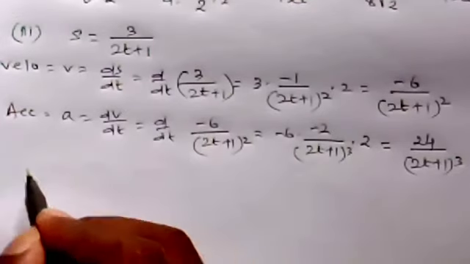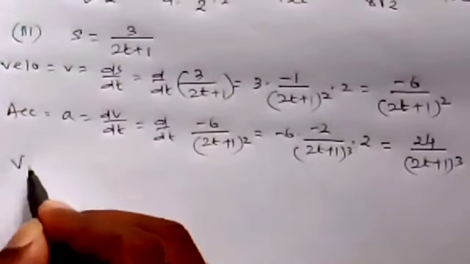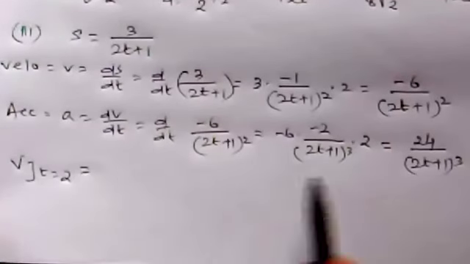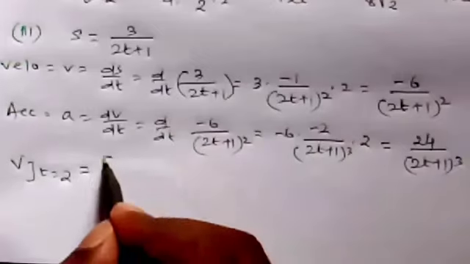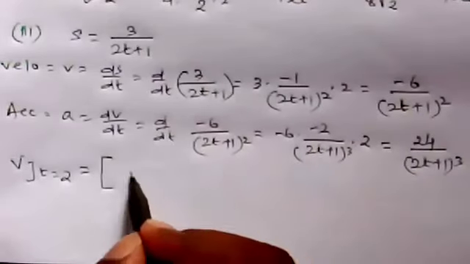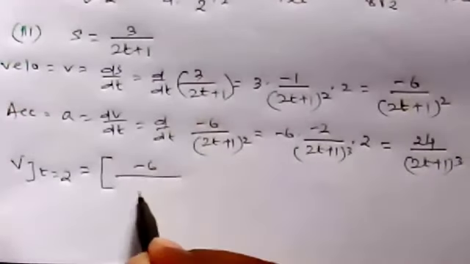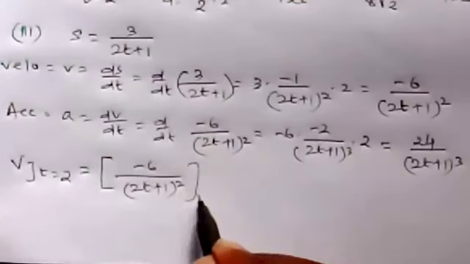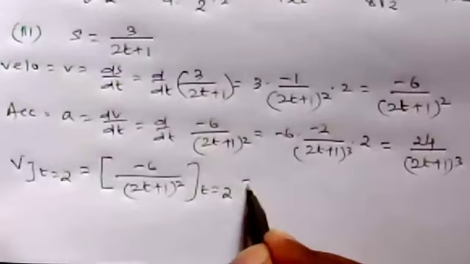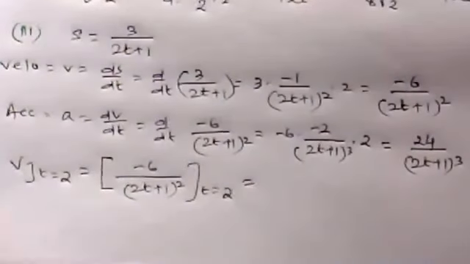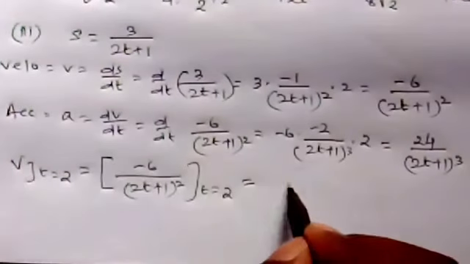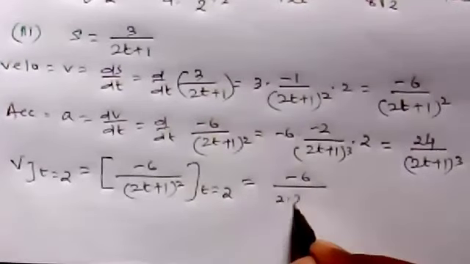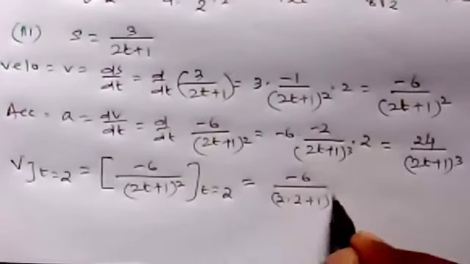But we have to find velocity and acceleration at the end of 2 seconds. That means v at the end of t equal to 2. So velocity is this one. We have to find the value of -6/(2t+1)² at t equal to 2. Simply put t equal to 2. So this will be -6/(2×2+1) whole squared.